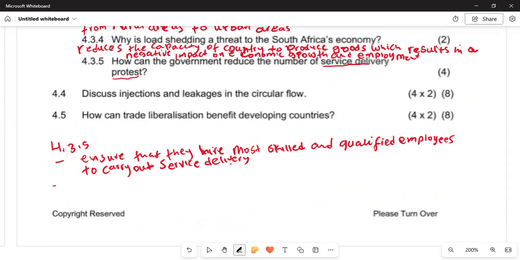That is that, 4.3.5. Also, the government can ensure that there are consequences for late service delivery among officials.